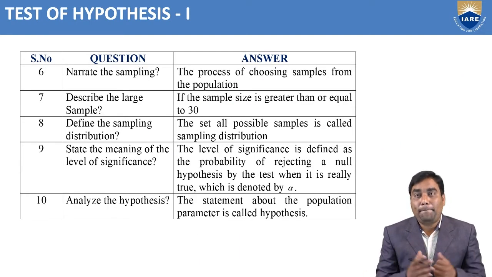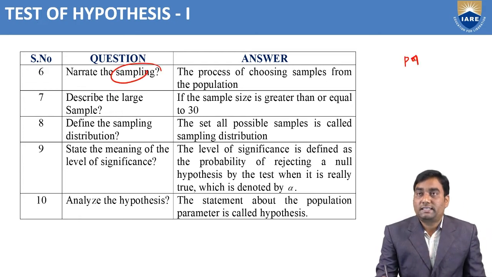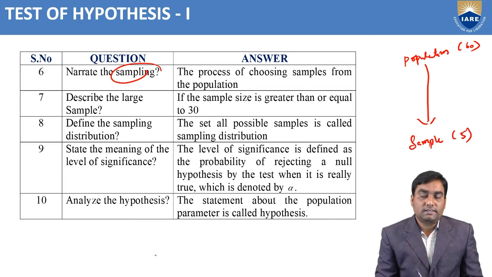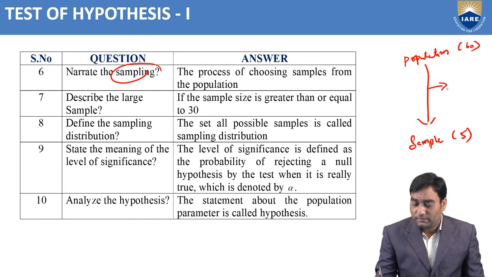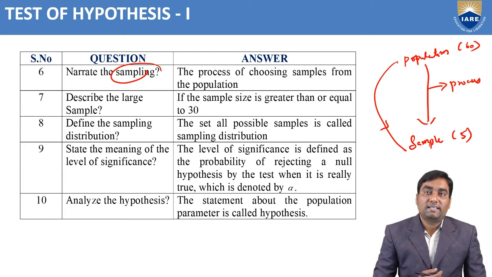What is the sampling? As of now, we discussed population, example 60 students in a classroom, and we have discussed sample, example the 5 students in a class. What is sampling? The process of choosing samples from the population is known as sampling.